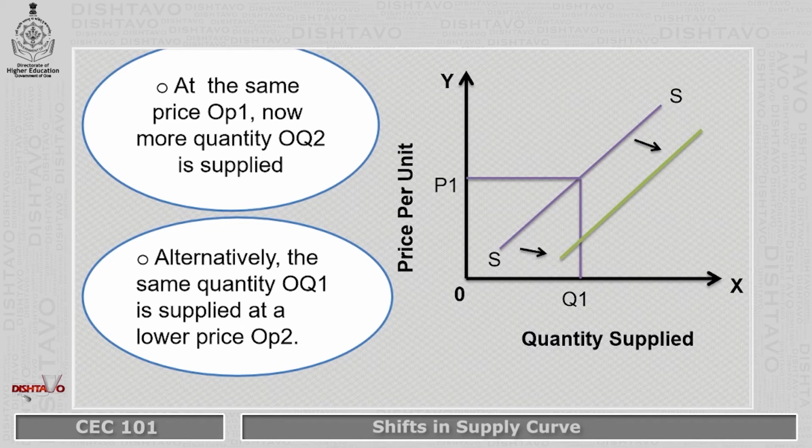We get a new supply curve, that is S1S1. So we can observe that at the same price, that is OP1, now more quantity is supplied, that is OQ2. Alternatively, the same quantity, that is OQ1, is supplied at a lower price, that is OP2.